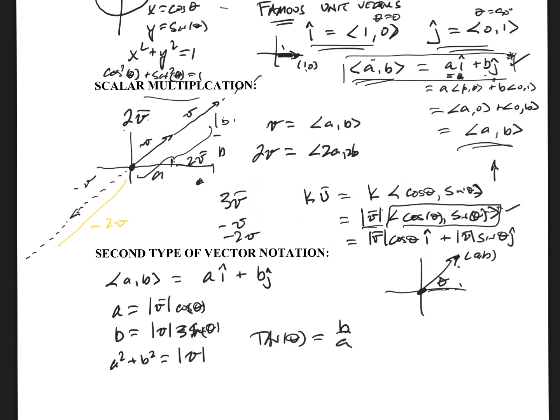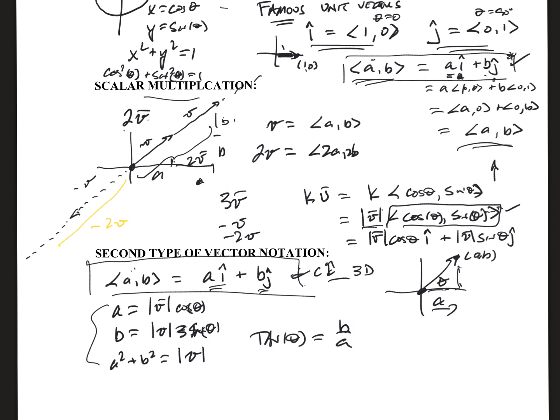But we have our new notation. How much of it is acting along the x-axis? Well, that's ai. And how much is acting along the y-axis? Well, that's the bj. But you'll notice everything else remains the same from our previous definition. So all we're doing is swapping back and forth between this, which is called the standard representation, and this, the ijk representation, k being when we start throwing a k in there, which is 3 dimensions.